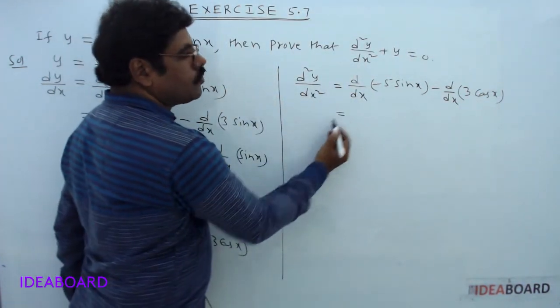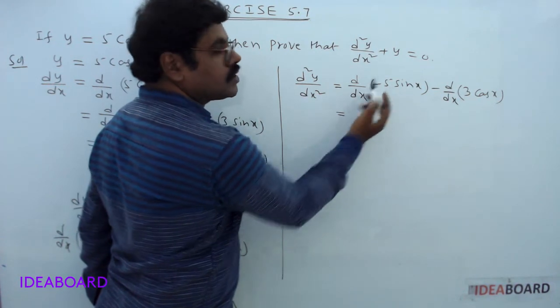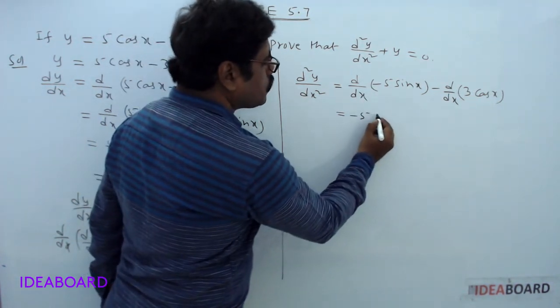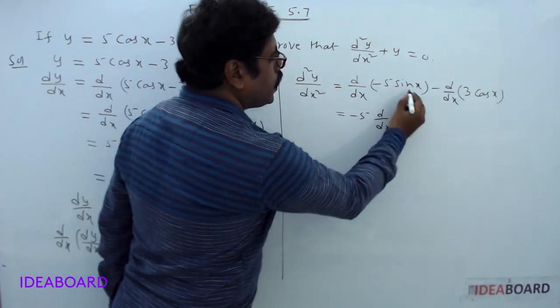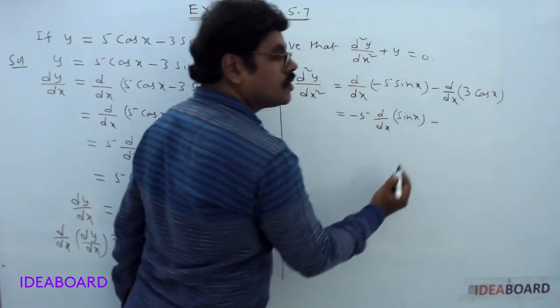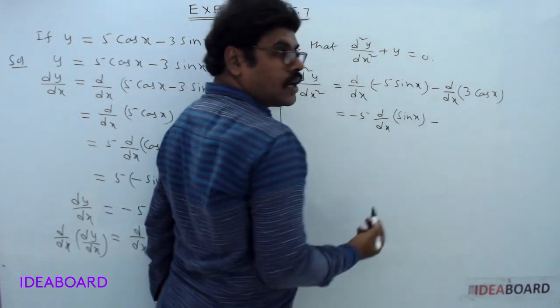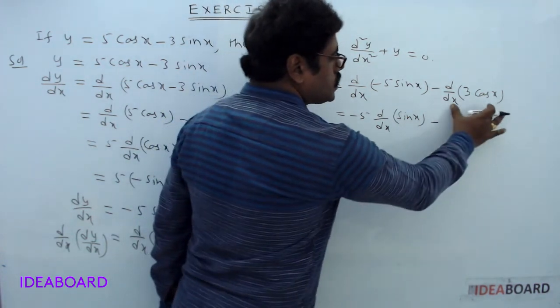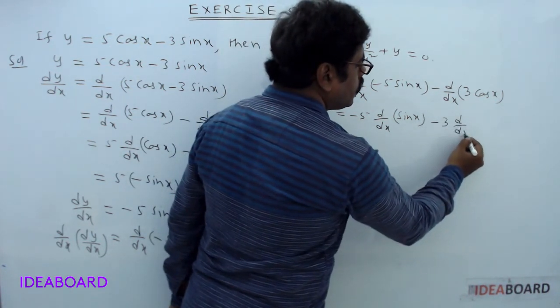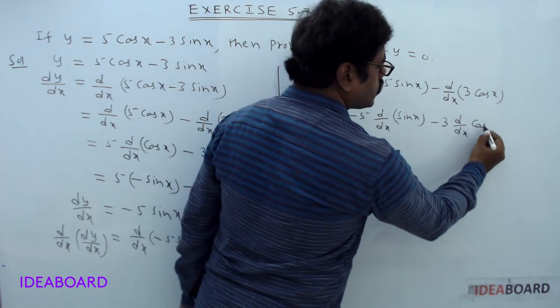Now this equals, here minus 5 is a constant term, so this term can be expressed as minus 5 into the derivative of sin x, minus, here also 3 is a constant term, so this term can be expressed as 3 into the derivative of cos x.